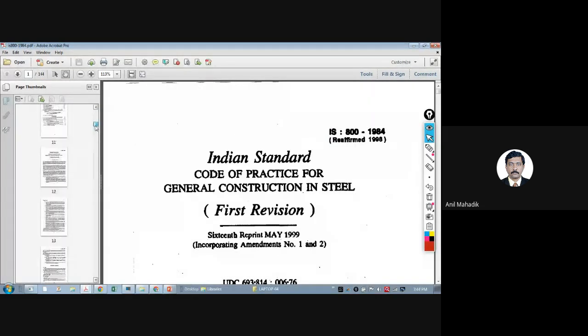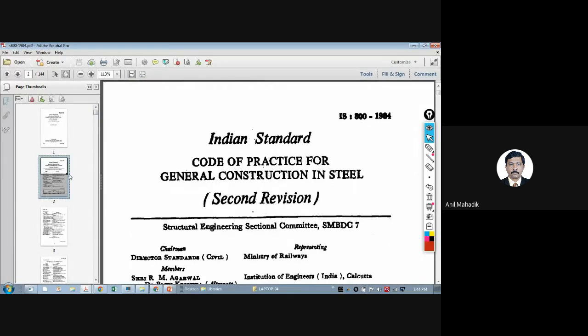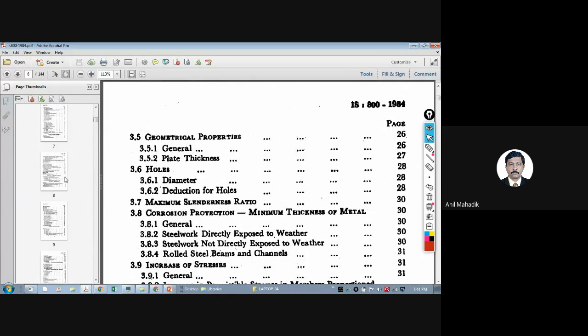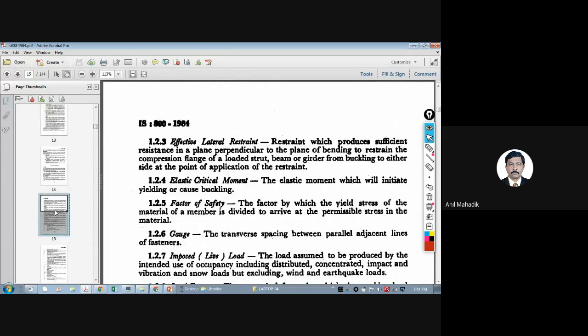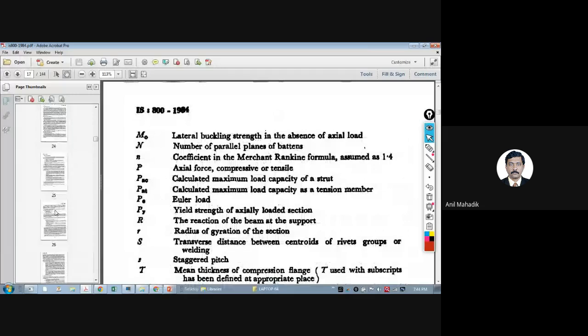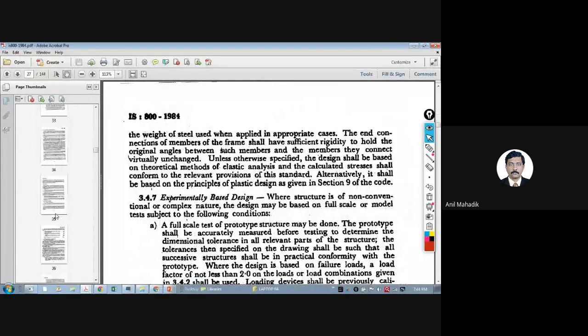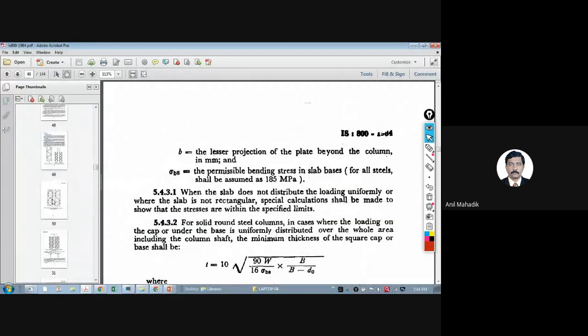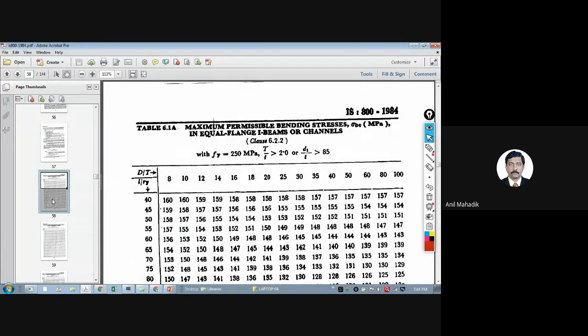Now in the steel table, if you go for the design of beams, you can see the table 6.1a, maximum permissible bending stress in compression, this sigma BC in equal flange I beams or channels.